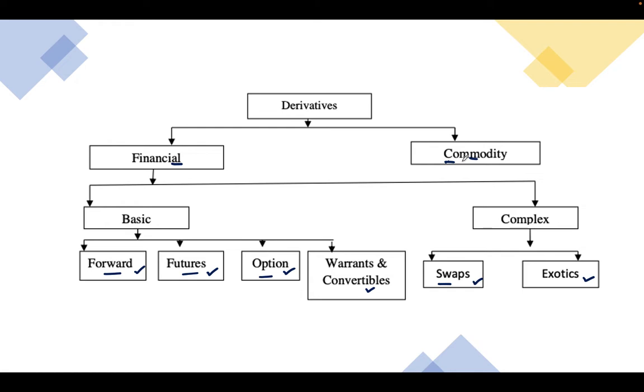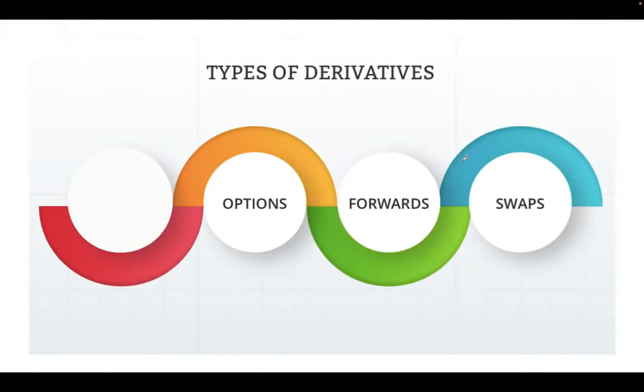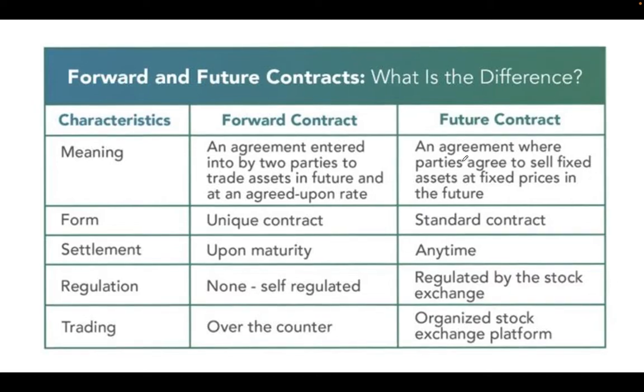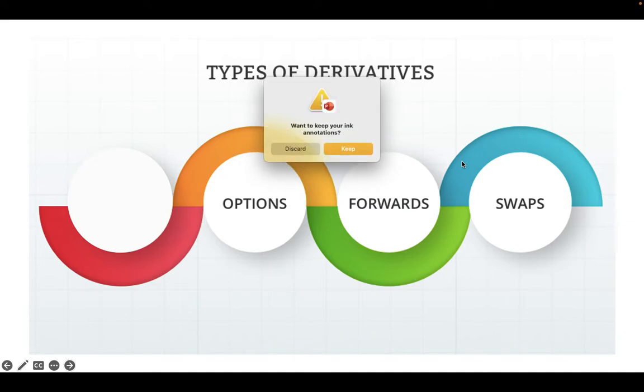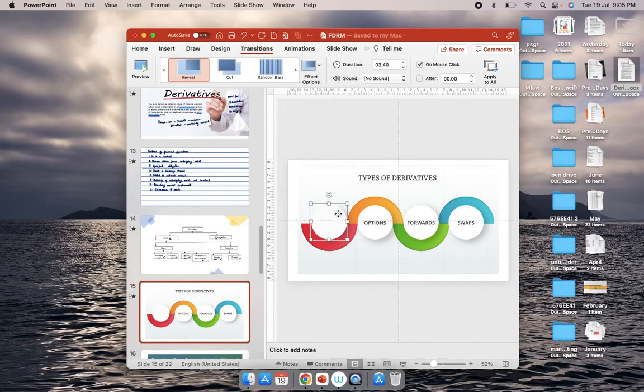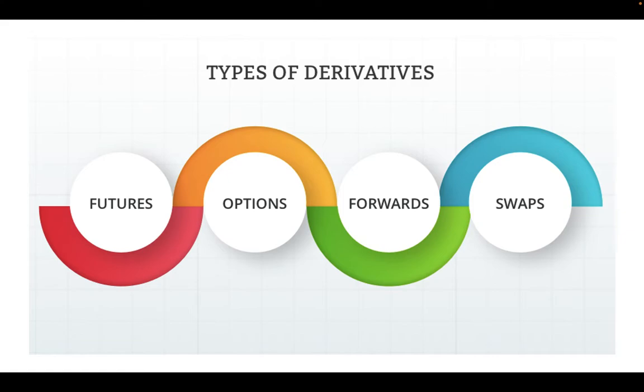So, having gone through this, let us now venture into the types of derivatives. So, we have four types of derivatives to discuss.